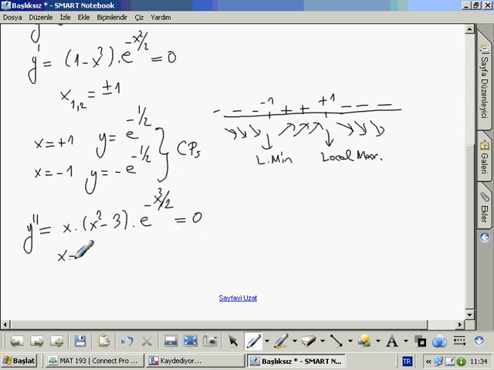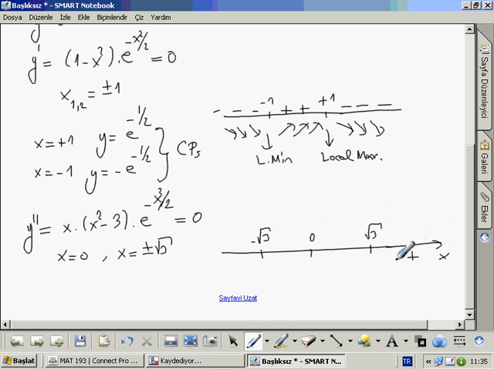So x equals 0, x equals minus and plus square root of 3. These are the inflection points again: minus square root of 3, 0, and square root of 3.